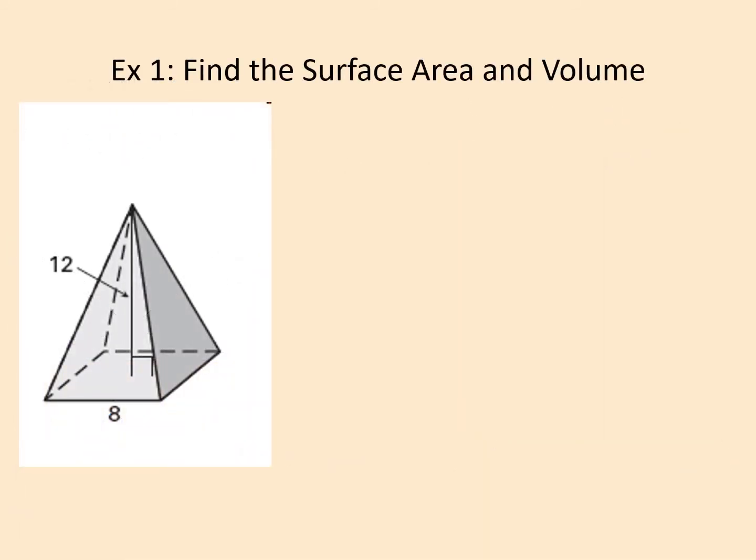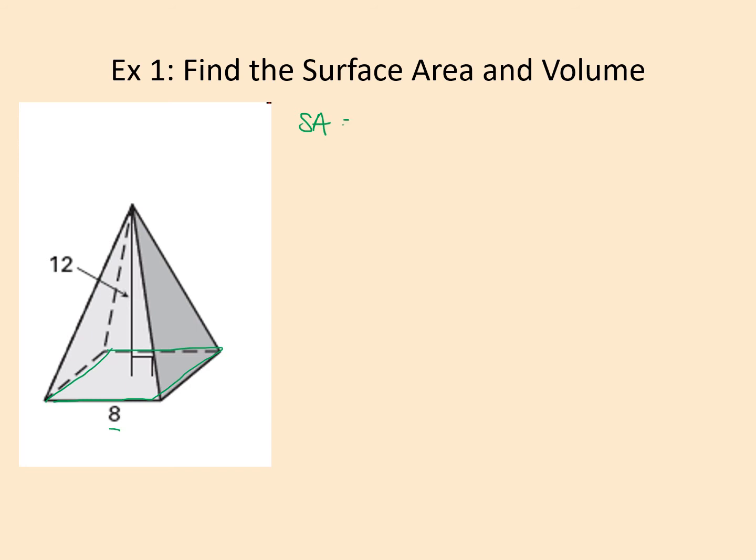So let's start with our first example here. Again, we have a pyramid, and we know it's a pyramid because it meets at a point and it only has one base. Now it doesn't necessarily tell us, but since it's only giving us this 8 over here, we can assume that this is a square base. So again, let's write down both of our formulas.